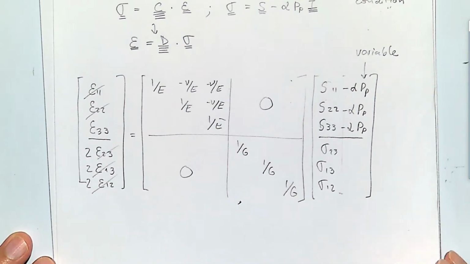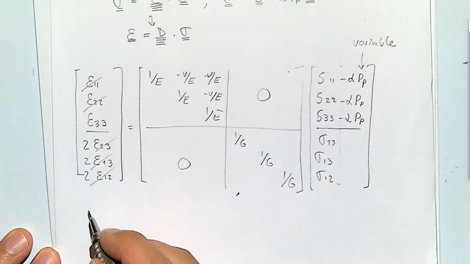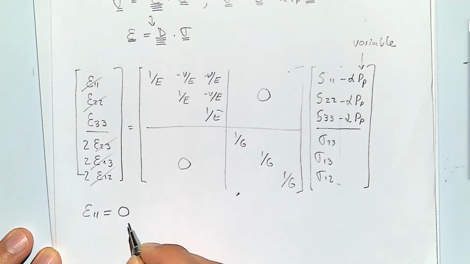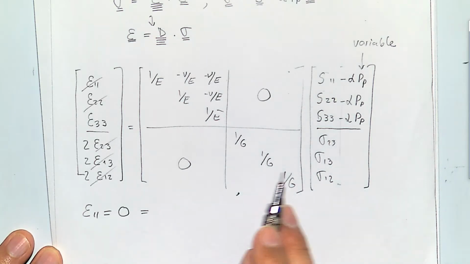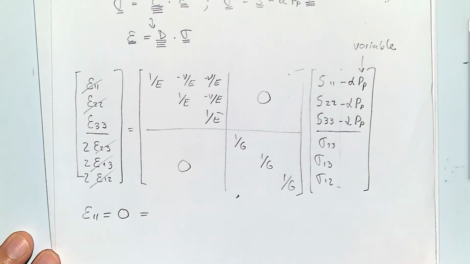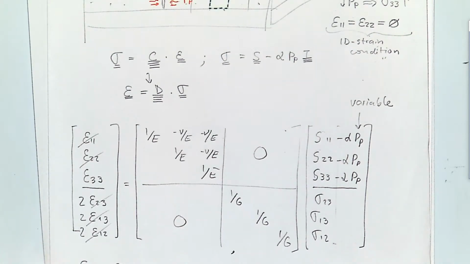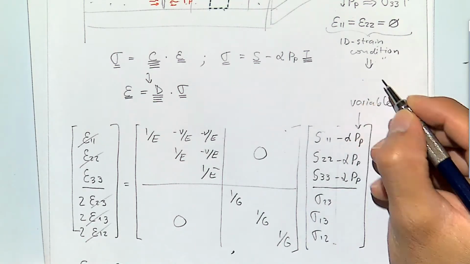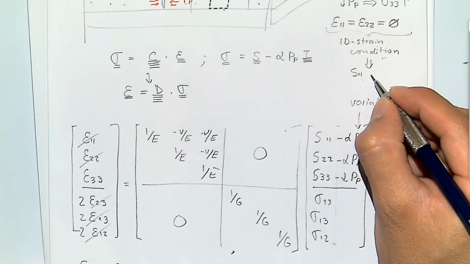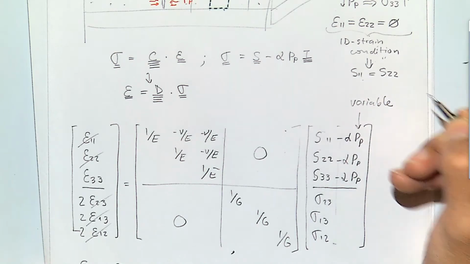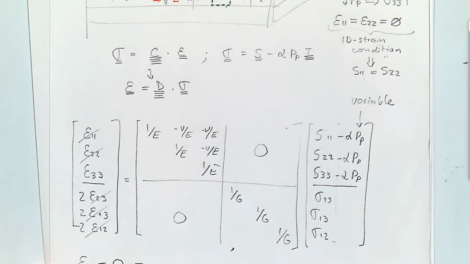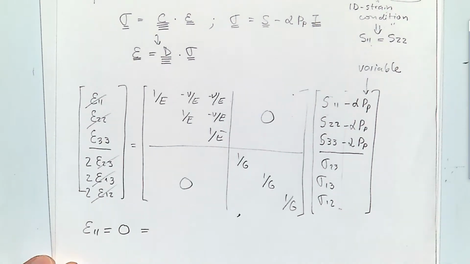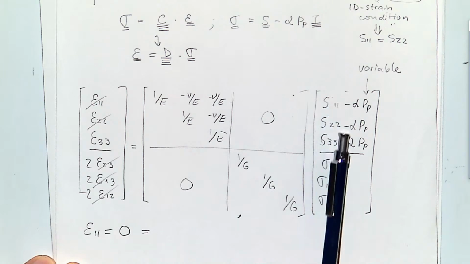First equation is epsilon 11 is equal to 0, and that's equal to, and notice that because epsilon 11 and epsilon 22 are both equal to 0, and because our solid is isotropic, that also means that S11 is going to be equal to S22. It's just because of symmetry. So from this equation, S11 is going to be equal to S22.